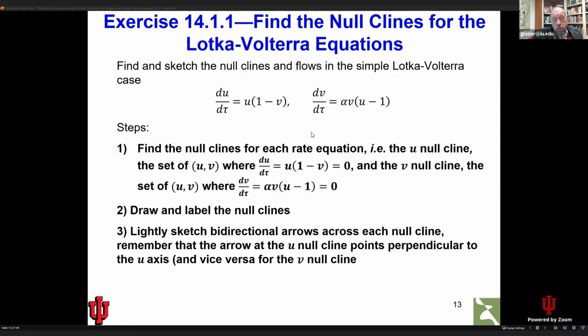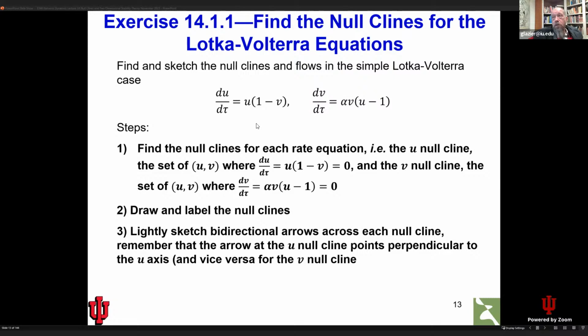They're more than 100 years old, the beginning of mathematical biology in the context of population dynamics. And the equations are du/dt equals u times (1 minus v), and dv/dt equals alpha times v times (u minus 1).